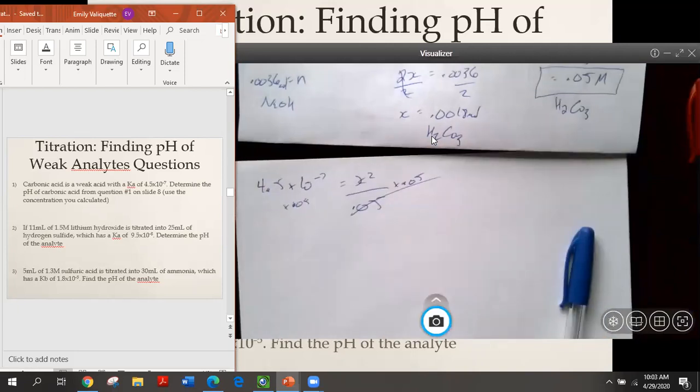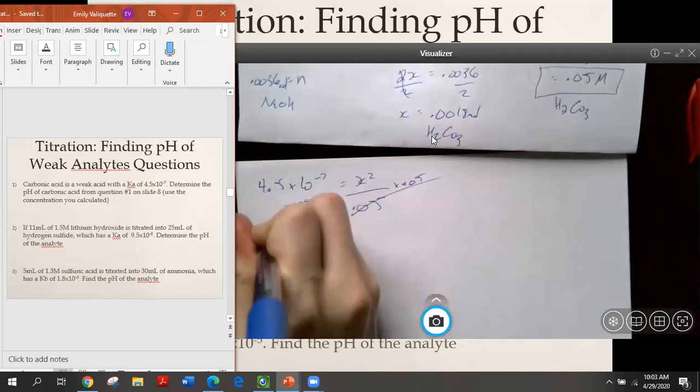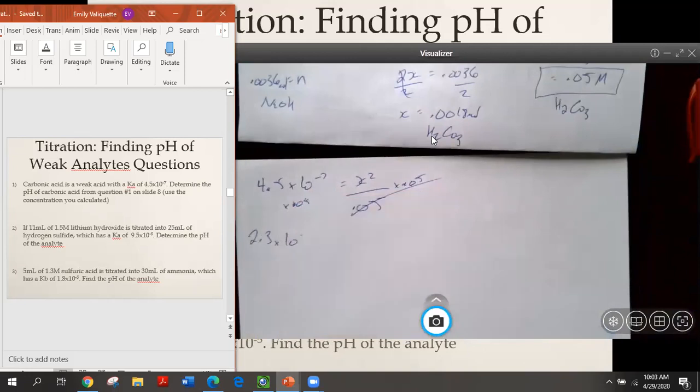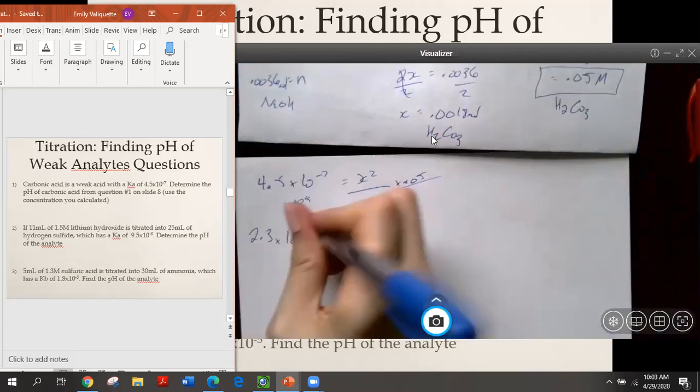So 4.5 times 10 to the negative 7 times 0.05 is 2.3 times 10 to the negative 8.